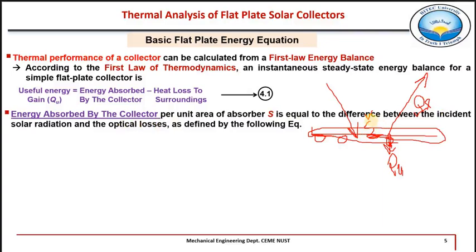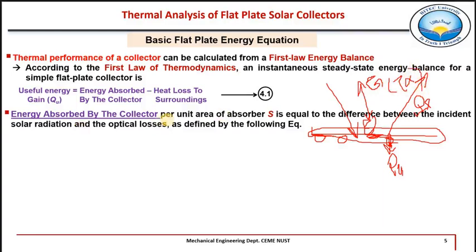We have already discussed what this S is. This S is actually the incident radiation, which we represented by G for instantaneous radiation, right? And the optical losses mean this tau alpha product.